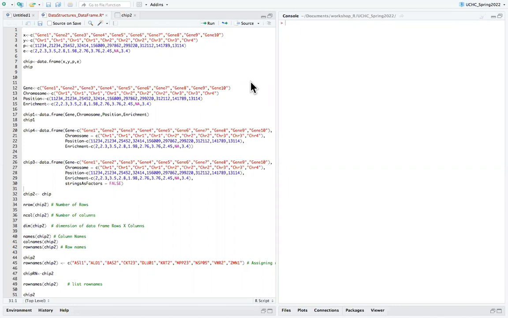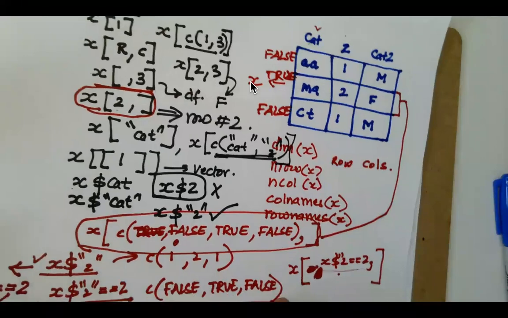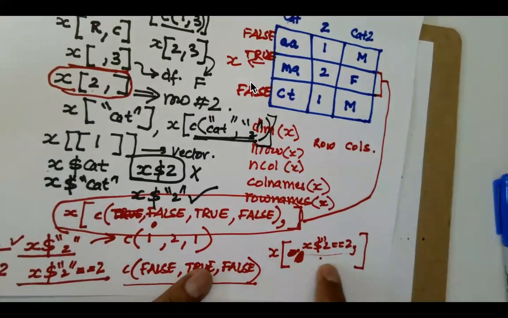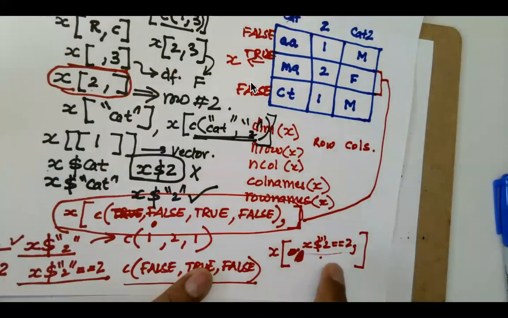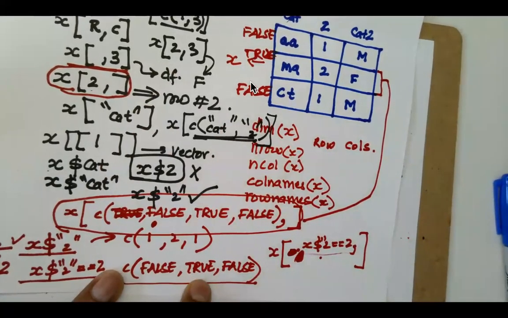So basically, when you run this code, the output will be a new data frame with only the rows which are true.